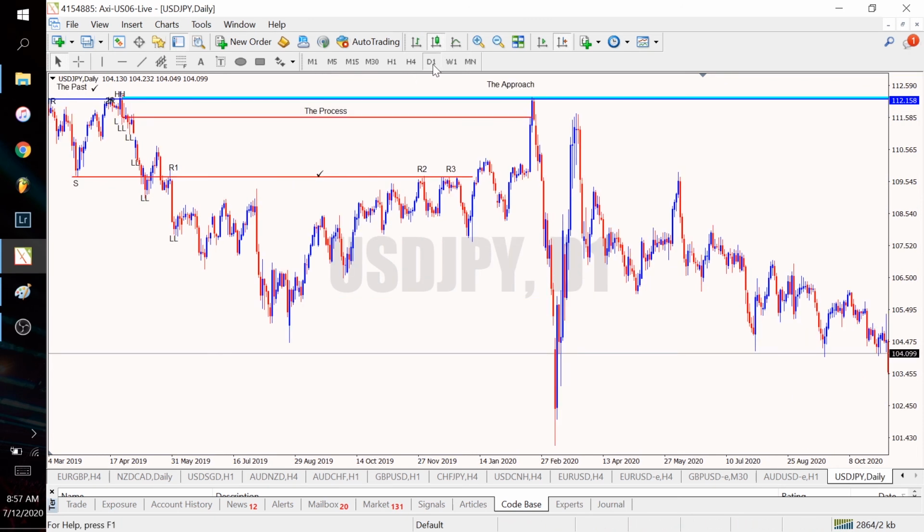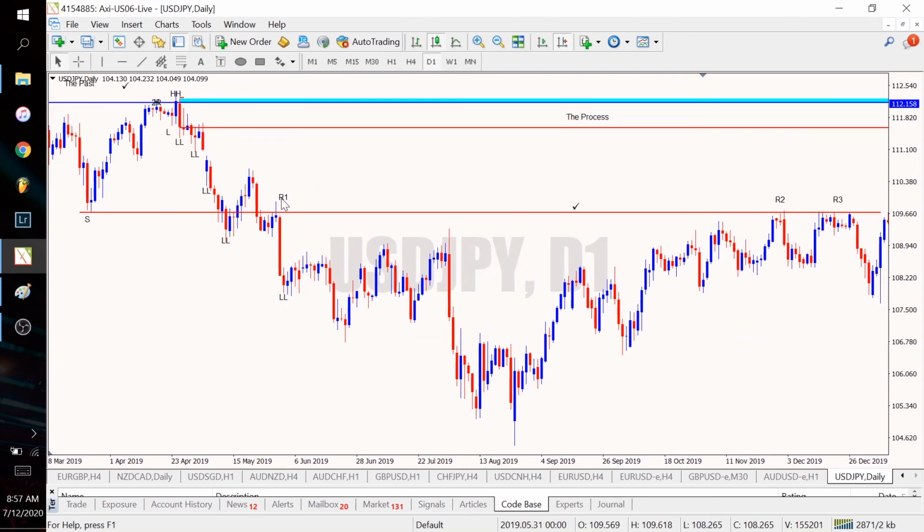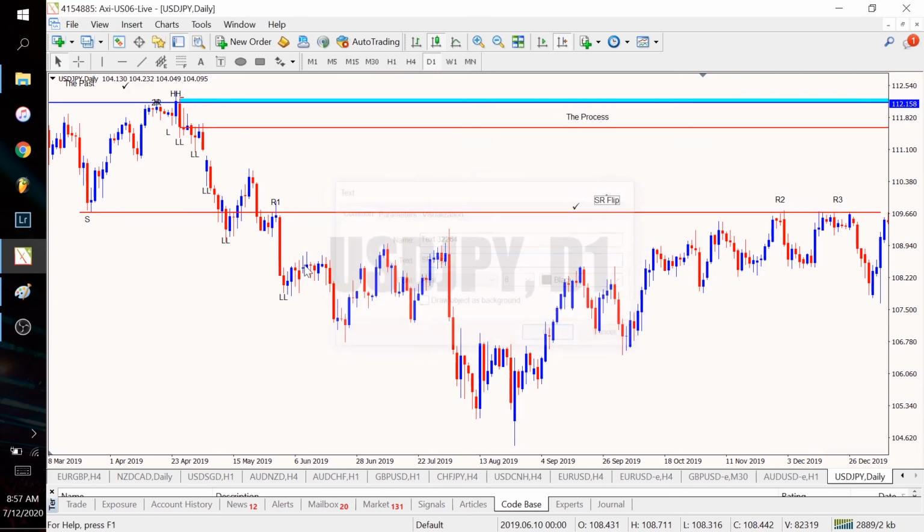Let's go back to the daily. Zoom this in. We have our R1, we have our R2, we have our R3, and then we have the S. So in this case, we have a support, resistance, resistance, resistance. This is an SR flip fake out. SR flip.